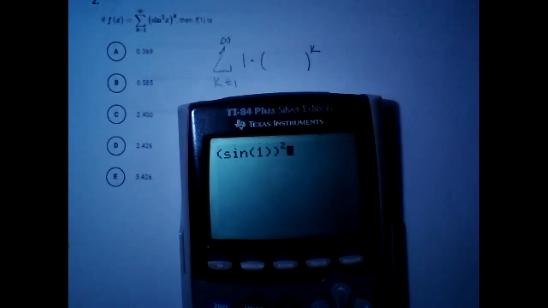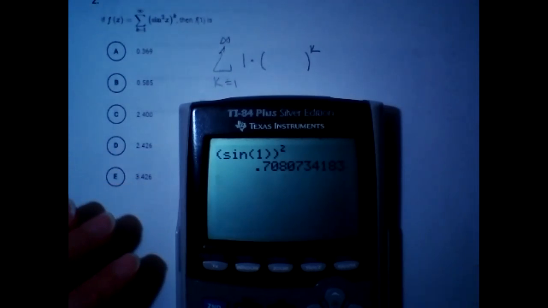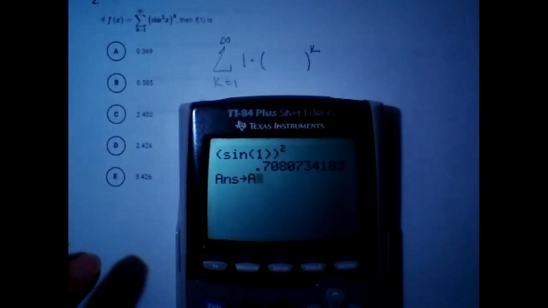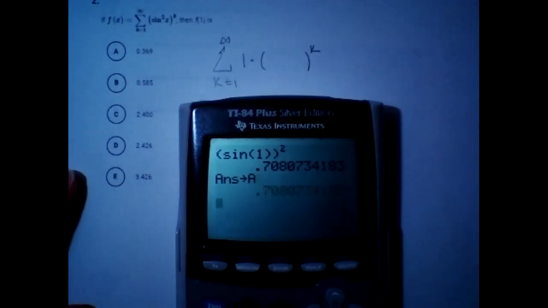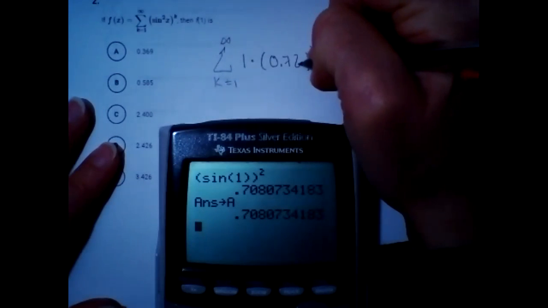So lots of parentheses for that, or you can always do sine of 1 times sine of 1. Sine of 1 squared is going to give me 0.708. And we are going to need to reuse that, so I'm going to go ahead and store it, store alpha A, enter. So I've got that captured, so 0.708.